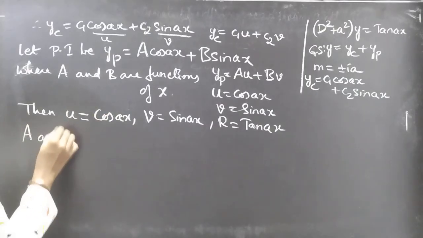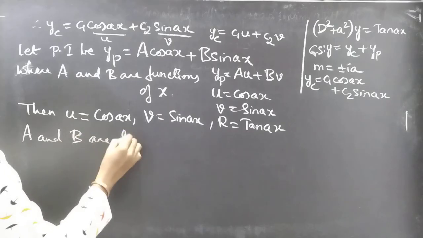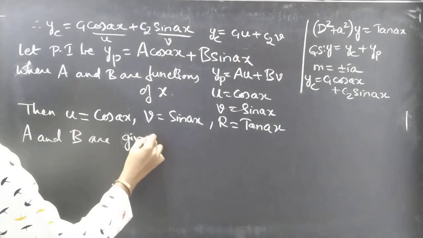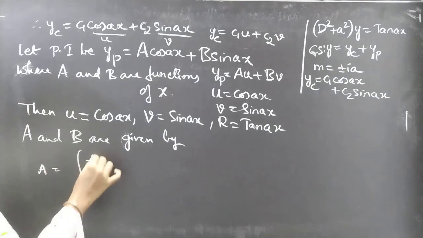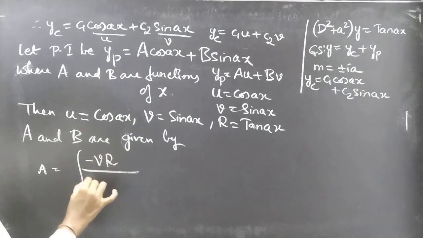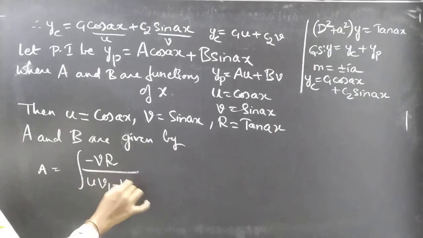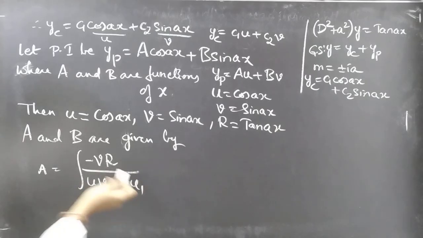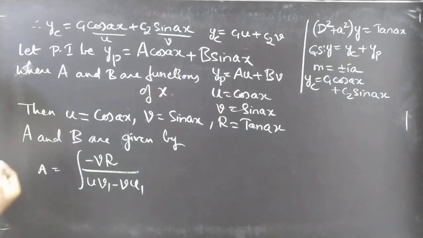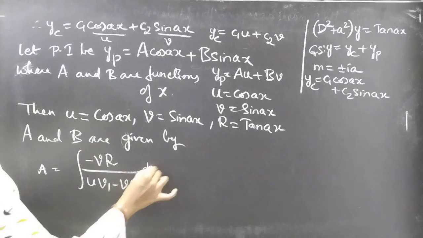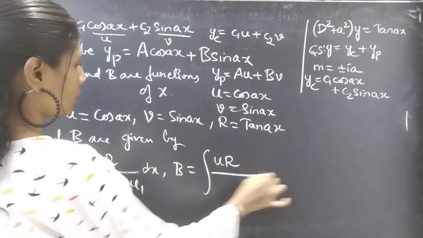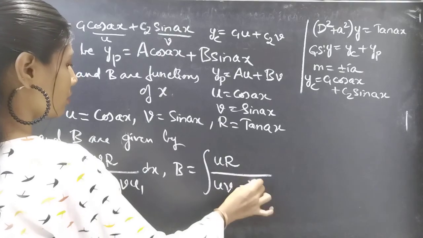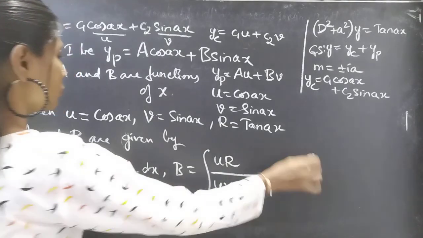A and b are given by the formula a equal to integral minus vr by uv1 minus vu1. Here u1 and v1 are the first derivatives of u and v, into dx, and b is given by integral ur by uv1 minus vu1 into dx.